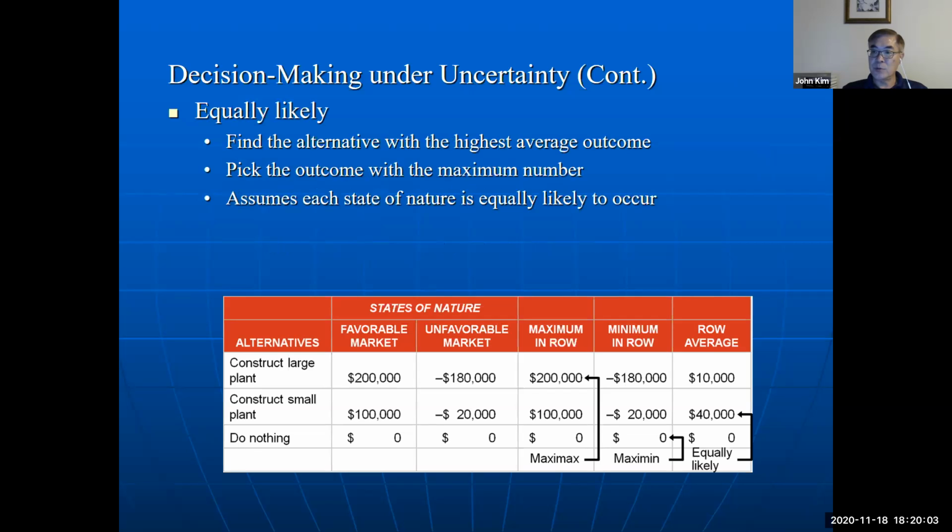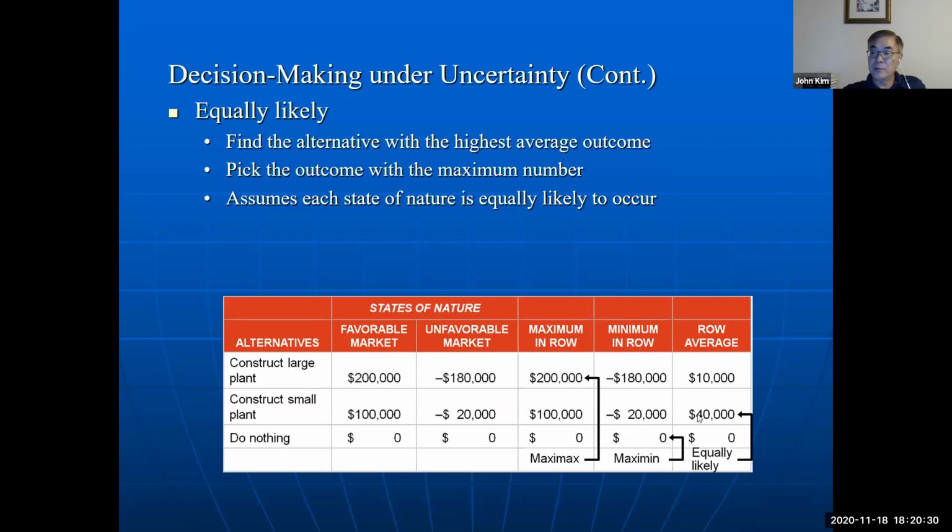And then the next one is equally likely. Because we don't have possibility or probability information, just give the same chance, 50-50. So add and divide by 2, and the result is 10,000.